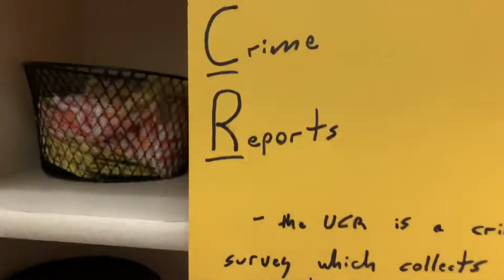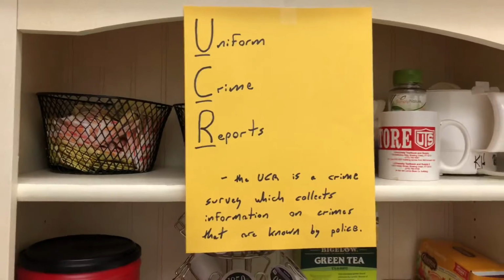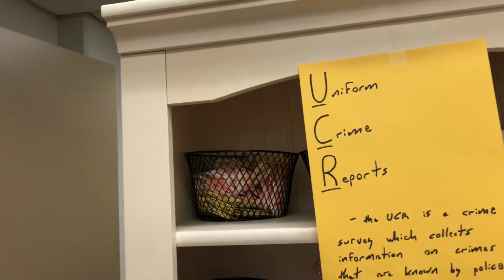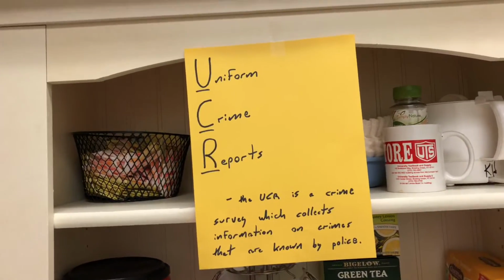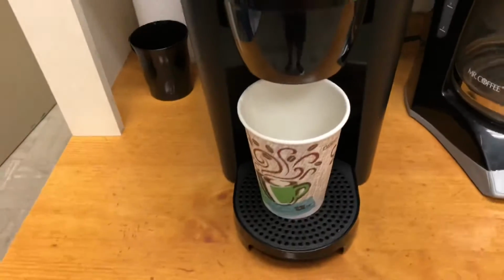The UCR is a crime survey that collects data on crimes that have been reported to the police. So, pretty simple. I'm guessing you can already kind of see the problems with that.